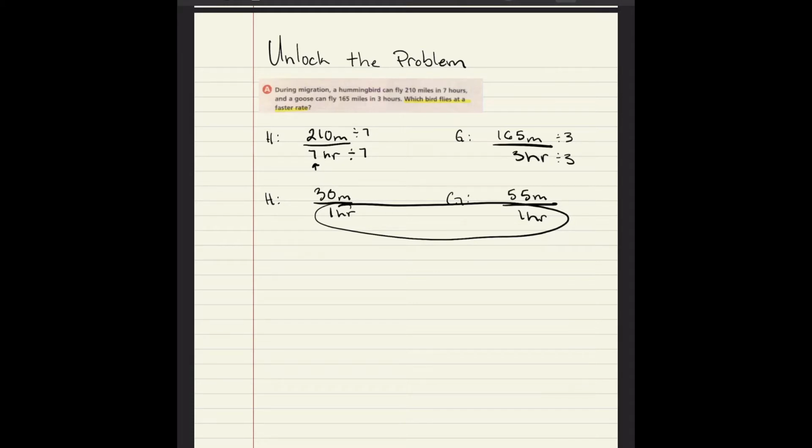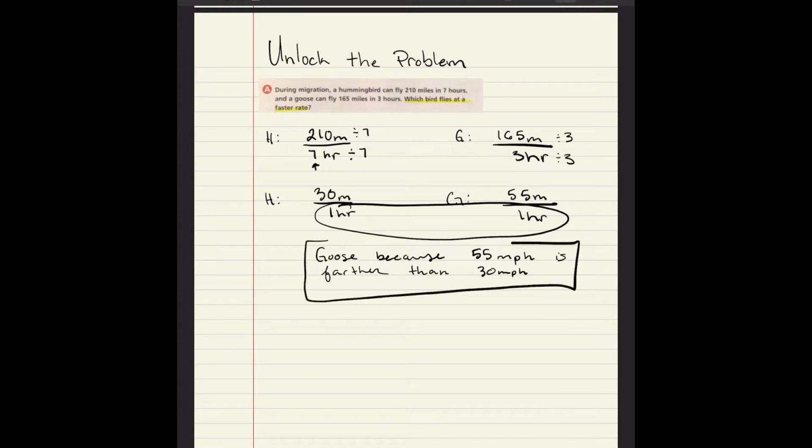So the answer would be which bird, because it's asking us which bird flies at a faster rate. The goose flies at a faster rate because 55 miles per hour is farther than 30 miles per hour.